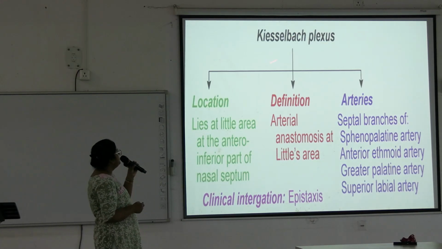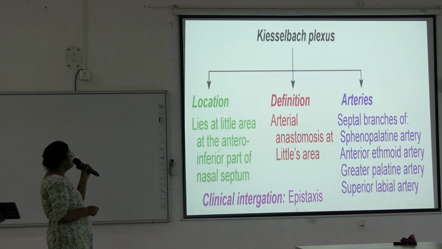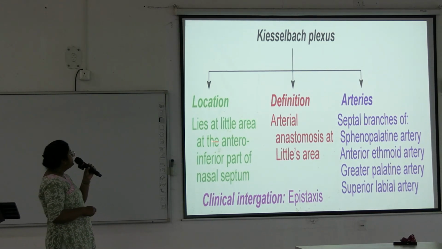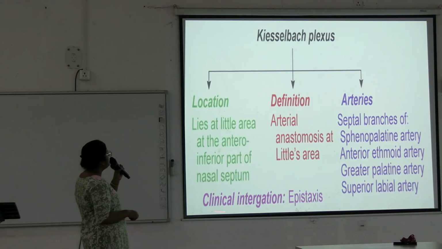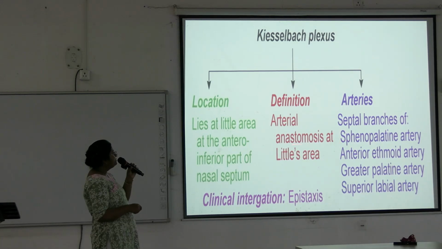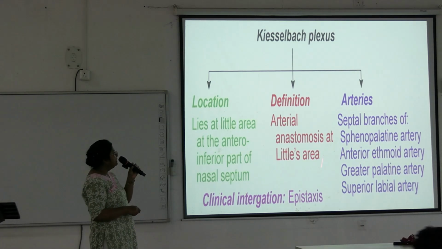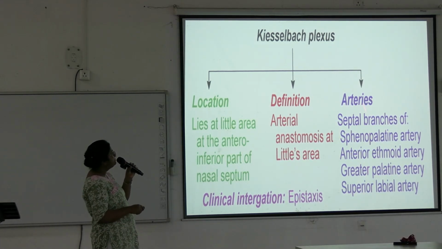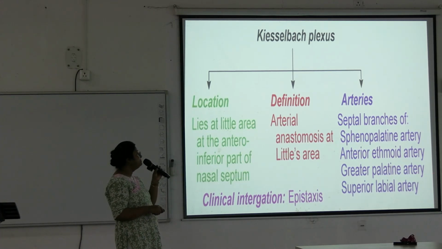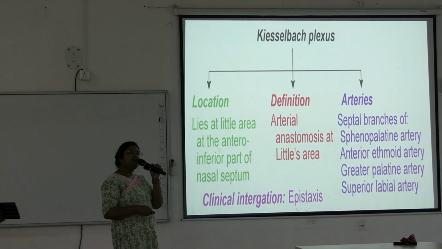So Kiesselbach plexus: its location is in Little's area at the anteroinferior part of the nasal septum. It is an arterial anastomosis at Little's area, and these are the branches taking part in the anastomosis: septal branches of the sphenopalatine artery, anterior ethmoidal artery, greater palatine artery, and superior labial artery.